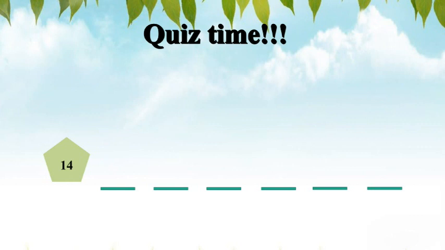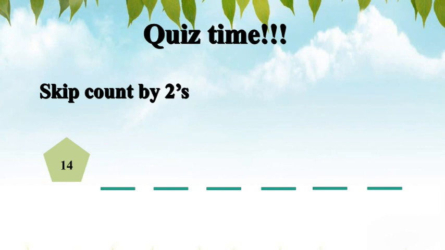Students, this is your last question. In this question you have to skip count by twos. Okay, I will give you 5 seconds. Within 5 seconds you have to come up with your answers. Okay, shall I start? Okay, what is the next number? 60.